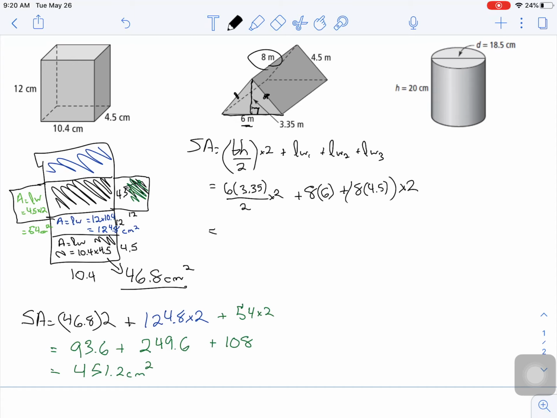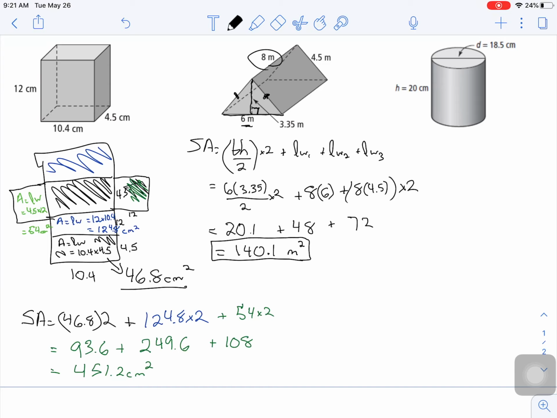So then we have 6 times 3.35 divided by 2 times 2 is 20.1 plus 8 times 6 is 48 plus 8 times 4.5, and there's 2 of those, so I'm going to times that by 2 is 72. Add these all together, and we get 140.1 meters squared. Again, 2-dimensional, so we're doing squared.